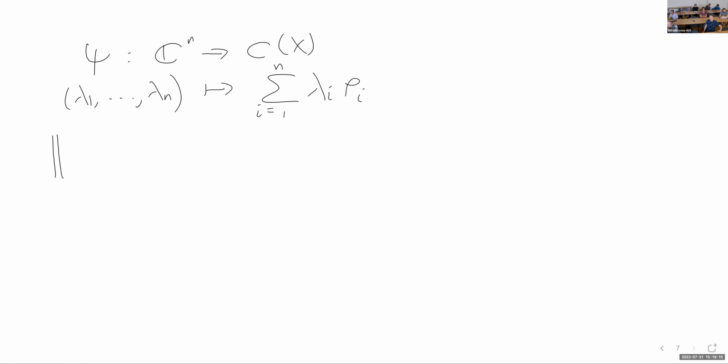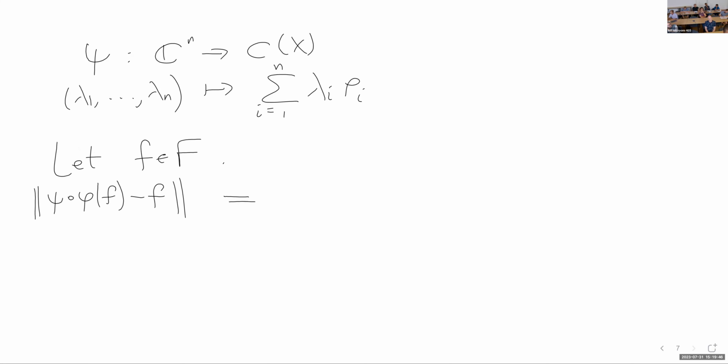I need to do phi first, then psi, so psi composed with phi of f minus f. I need to show that this is less than epsilon. All right, so what is this by definition?